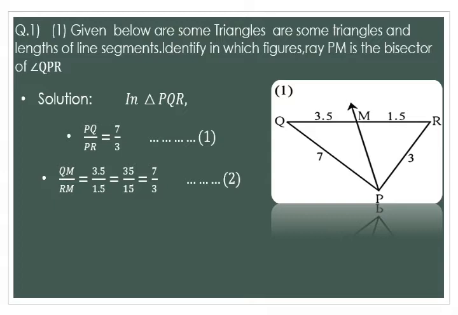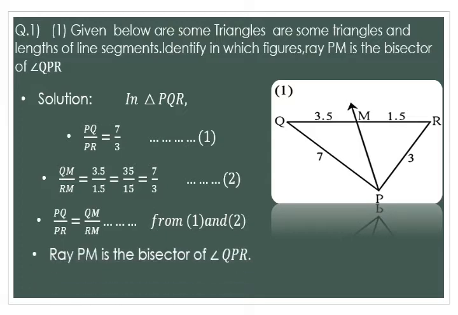To remove the decimal point we multiply numerator and denominator by 10, so we get 35 upon 15. After reducing it we get 7 upon 3, which is our equation number 2. Now from equations 1 and 2 we can write PQ upon PR is equal to QM upon RM, and hence we can say ray PM is the bisector of angle QPR.